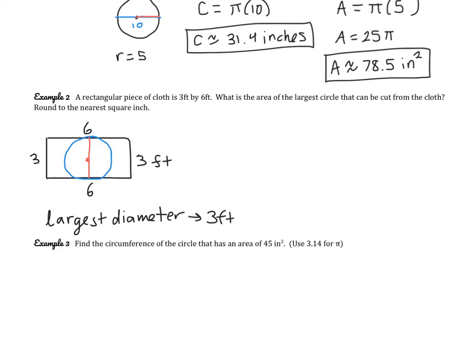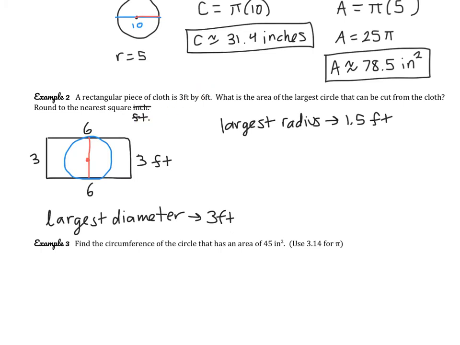And if our largest diameter is 3 feet, that means that our largest radius is 1.5 feet. I'm sorry, let's change this direction. We're rounding to the nearest square foot, not the nearest square inch, so our units match.